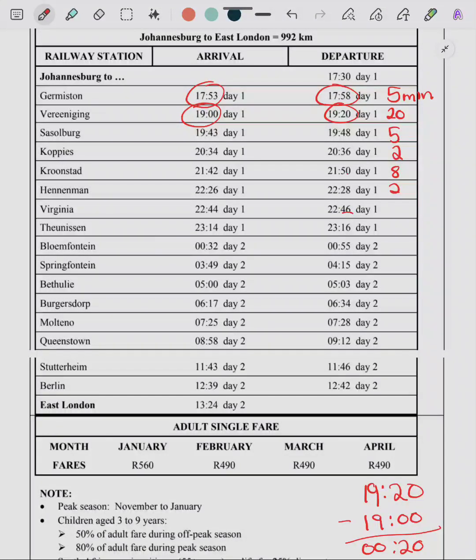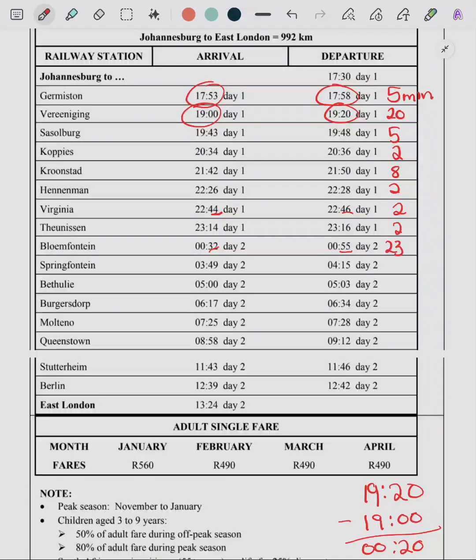I got 46 and 44. I'm just looking at the minutes because the stopovers are only a few minutes. They're not particularly long. You can see the hours are not actually changing. So that's 2. 16 and 14 is 2. 55 and 32, this was a longer stopover. So I'm going to say 55 minutes minus the 32 minutes gives me 23.